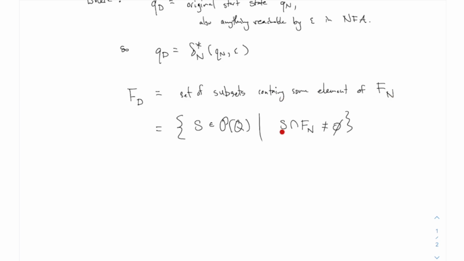That means this S, when you intersect it with Fn, there actually is something which is in S and also in Fn. That's the only way really to write this. It means that these sets, when you intersect them, it's not the empty set. There is some element in S and also in Fn. All right. So that's the set of accepting states, and there is no cuter way to write that. You just have to write it like that.